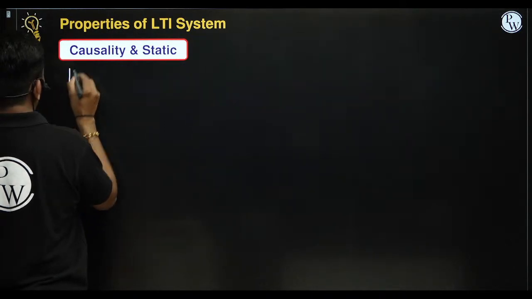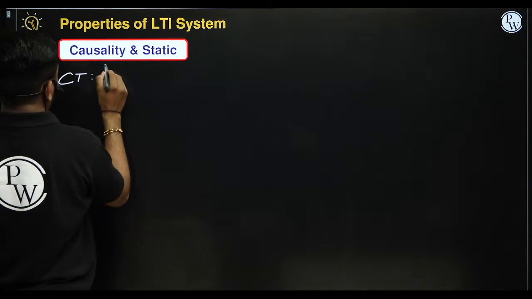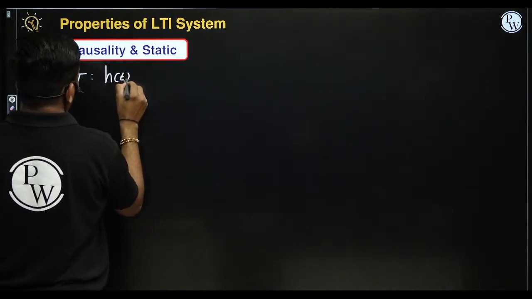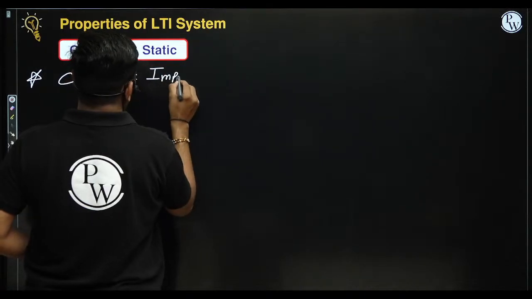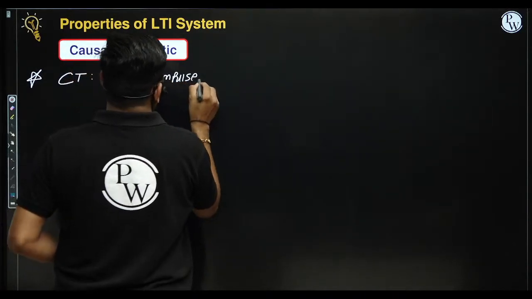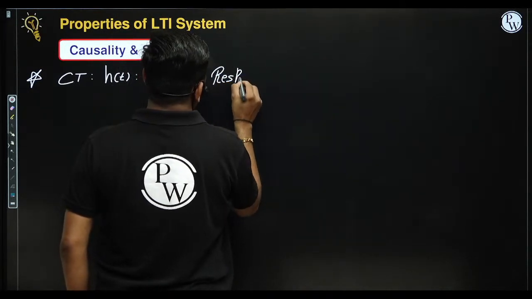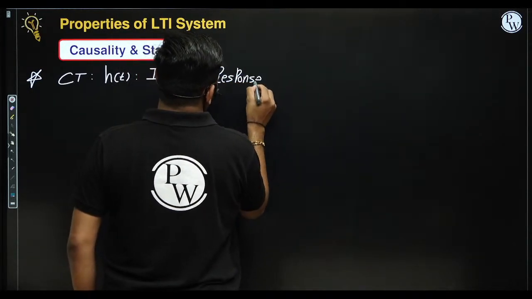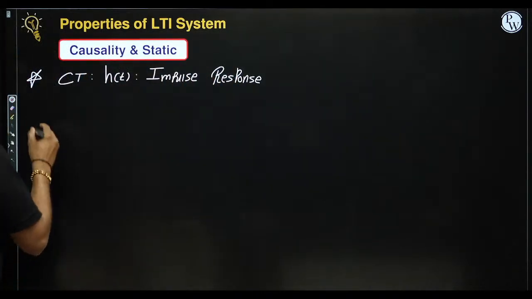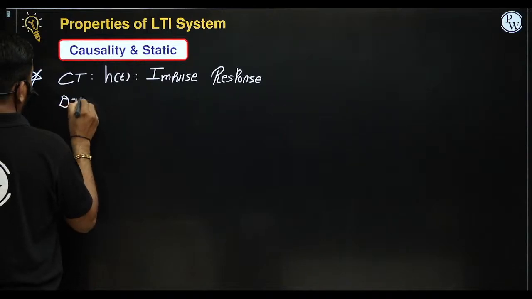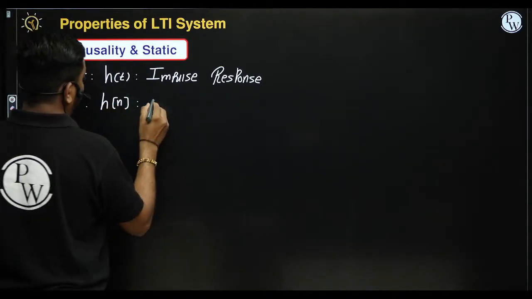So h of t, if it is a continuous time system, is nothing but the impulse response, and for a discrete time system, h of n is the impulse response.